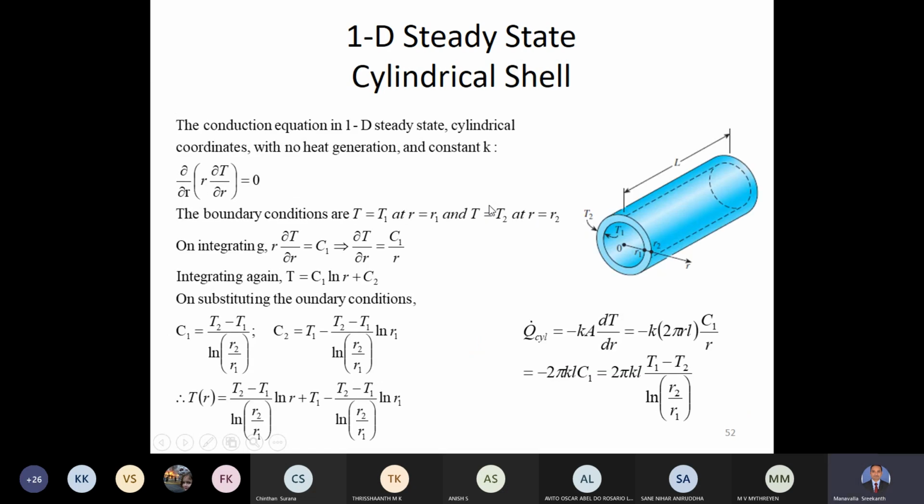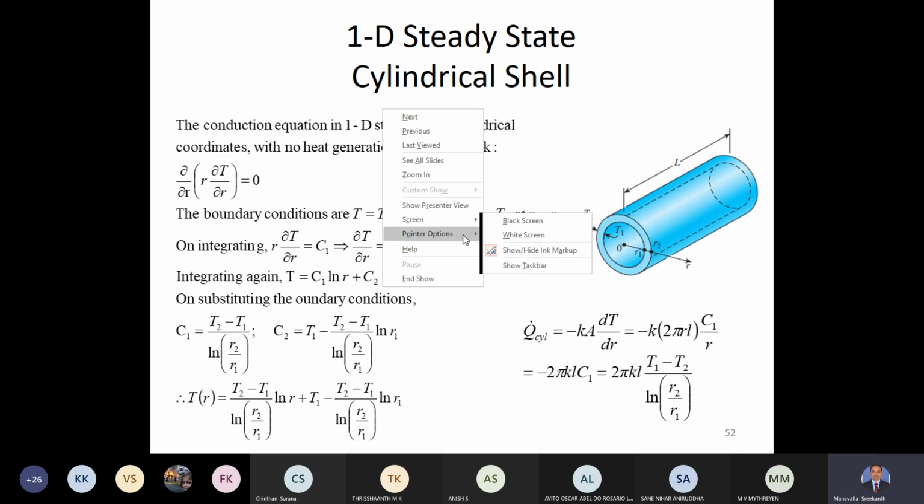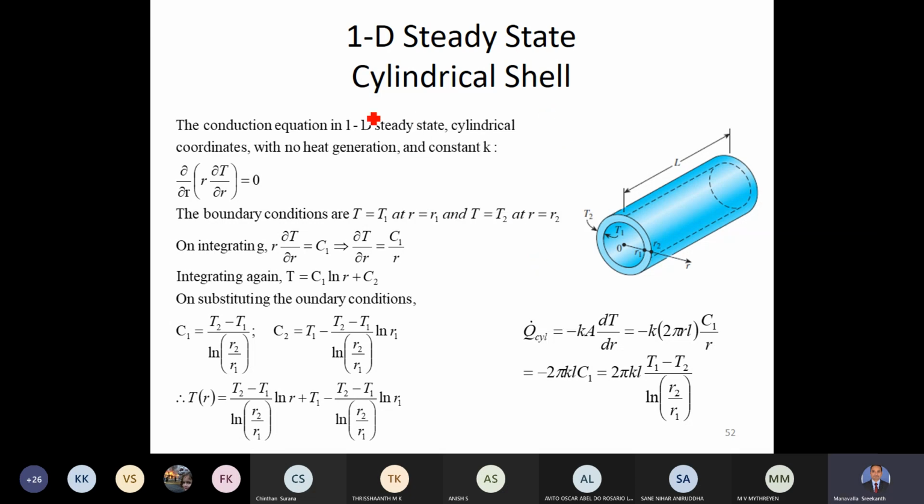Now we'll come to the cylindrical shape, especially a cylindrical shell. What is a cylindrical shell? A cylindrical shell is something which has a hollow space in it. That means you see here, this is the geometry you are seeing. So this is a cylindrical shell.